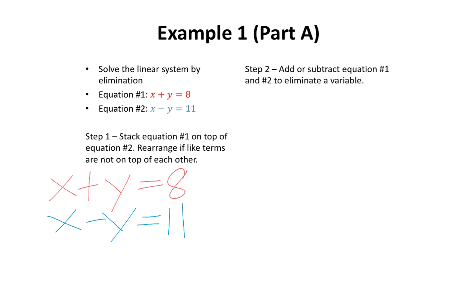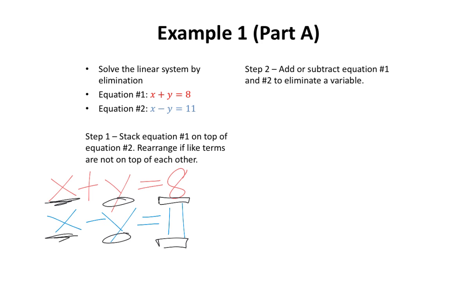As you can see, positive x and positive x are on top of each other. Positive y and negative y are on top of each other, and positive 8 and positive 11 are also on top of each other. Therefore, we can go ahead to step 2.